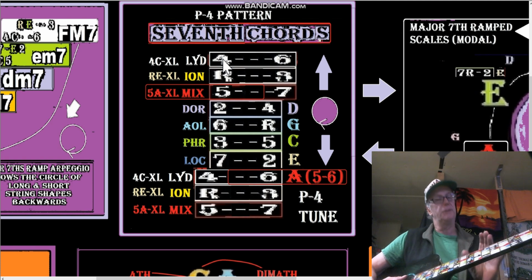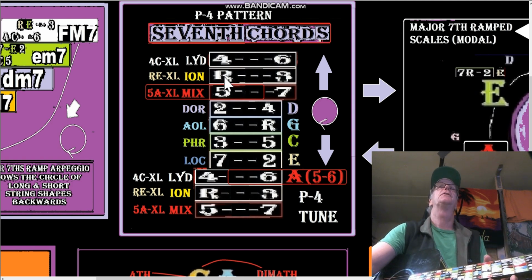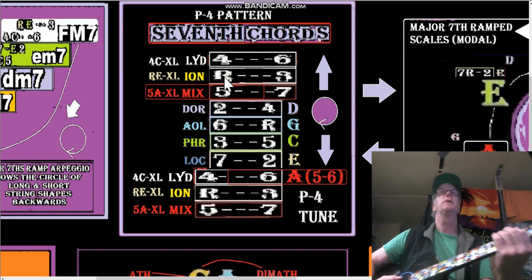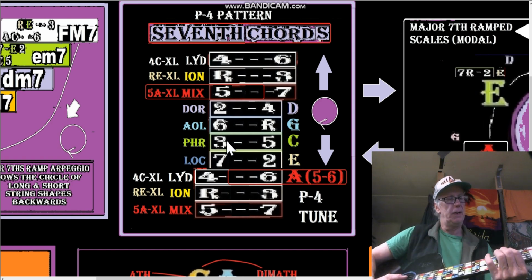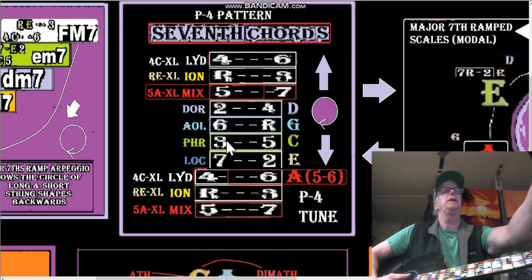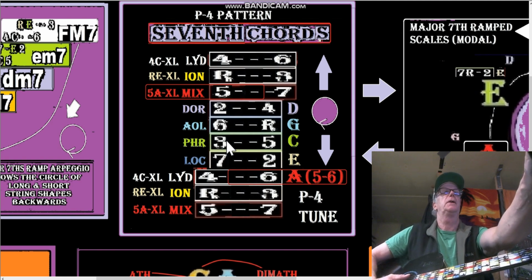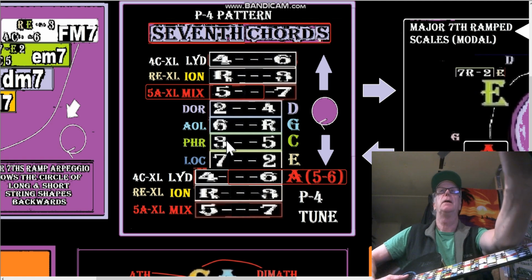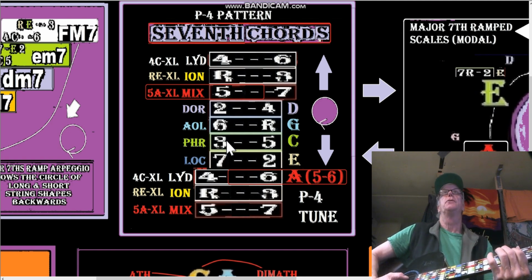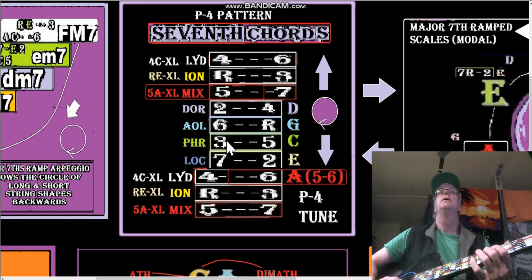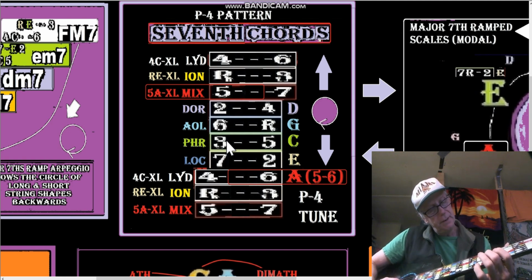If we tried to do that, let's start on root and try to stay in one cage. Let's start on 3, so we're going to start on an E minor 7th, and see how far we get. So it's 3, 5, 7, 2, and then 4.